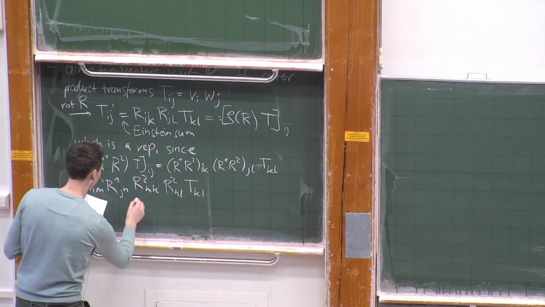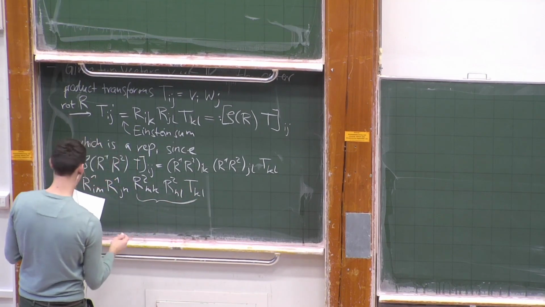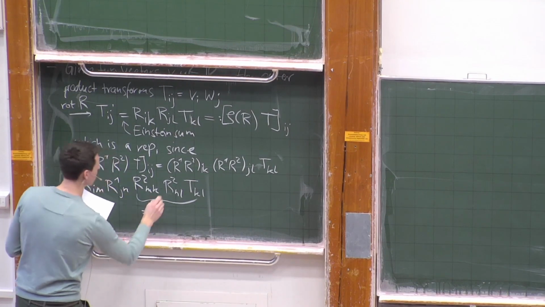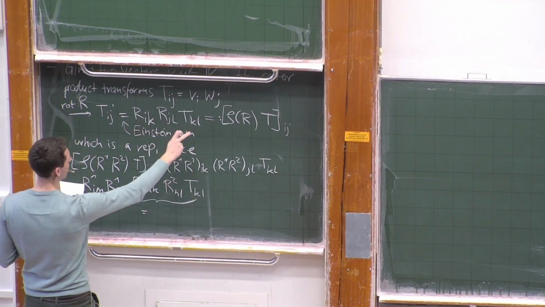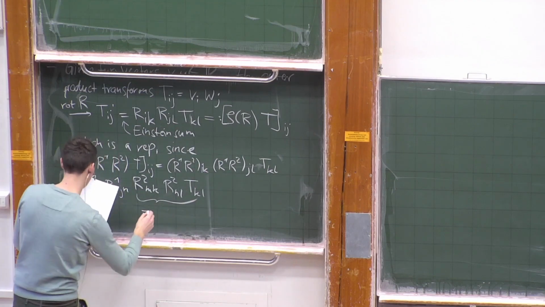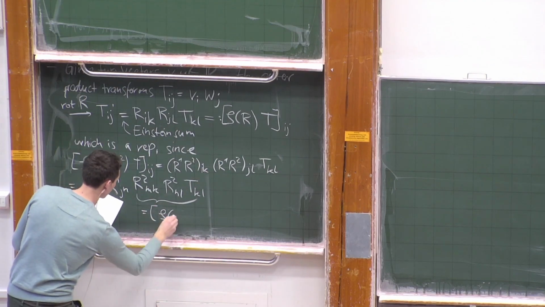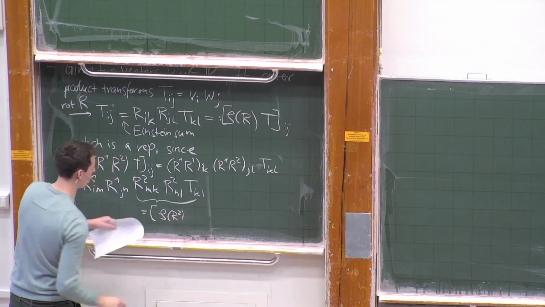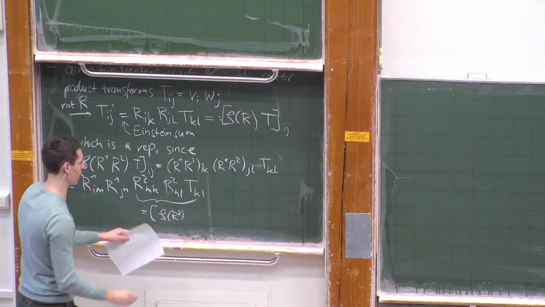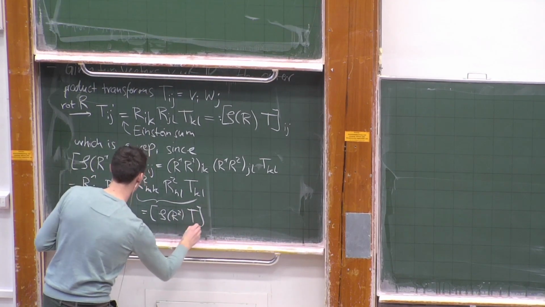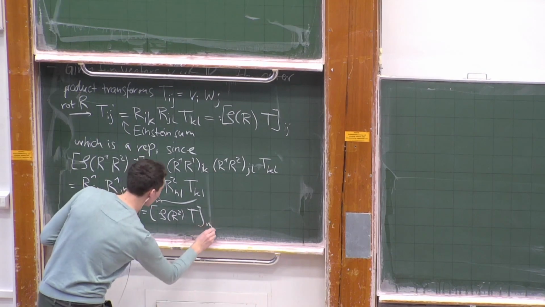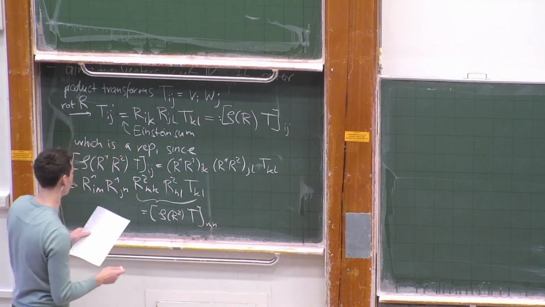And then what we see is that this here, if we compare against this expression here, is exactly the application of the second rotation matrices onto this tensor in components, namely the components M and N here.